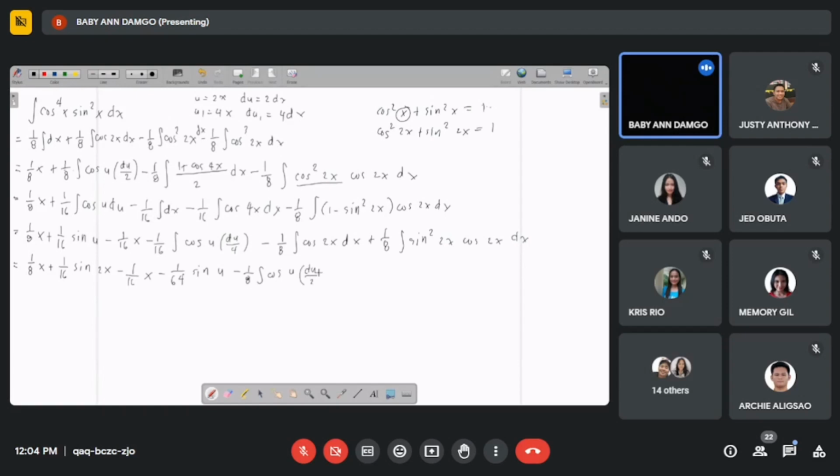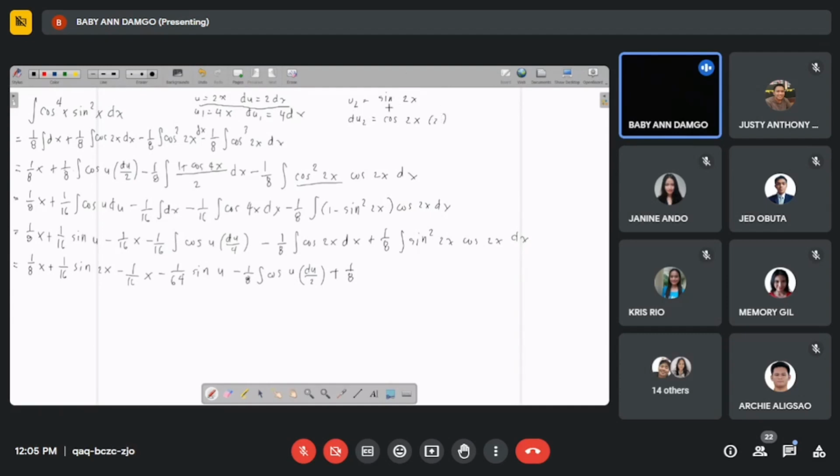Plus 1 over 8: we let u sub 2 be equal to sine 2x. Our du sub 2 is the derivative of sine 2x, which is cosine 2x times 2.